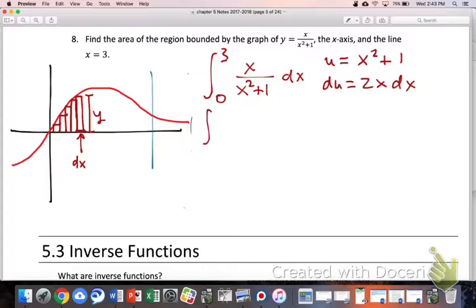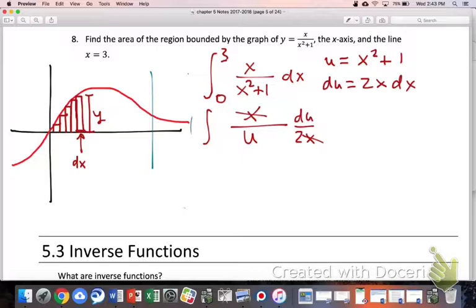So I'd come over here and I'd write integral of something over u. I've got the x right there. Dx would get replaced by du over 2x. X's cancel. So far so good, right?